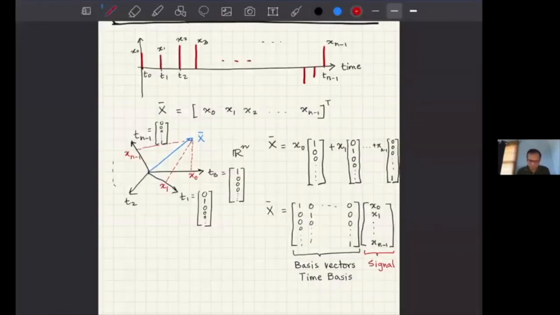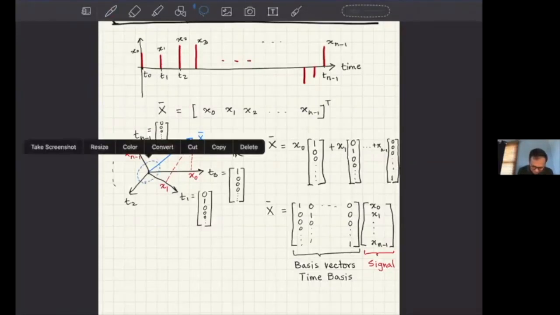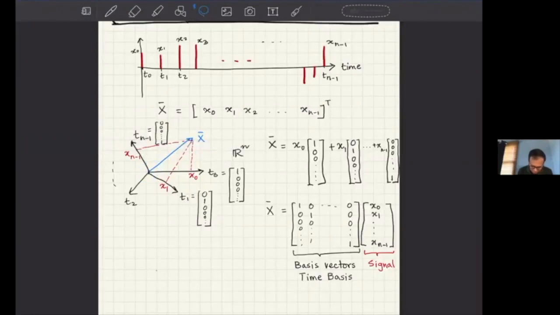Now look, let's first copy all this basis and the signal and paste it here. Remember, this is our signal x. I could express the same signal x maybe in a different basis, by perhaps changing this basis or rotating this basis.